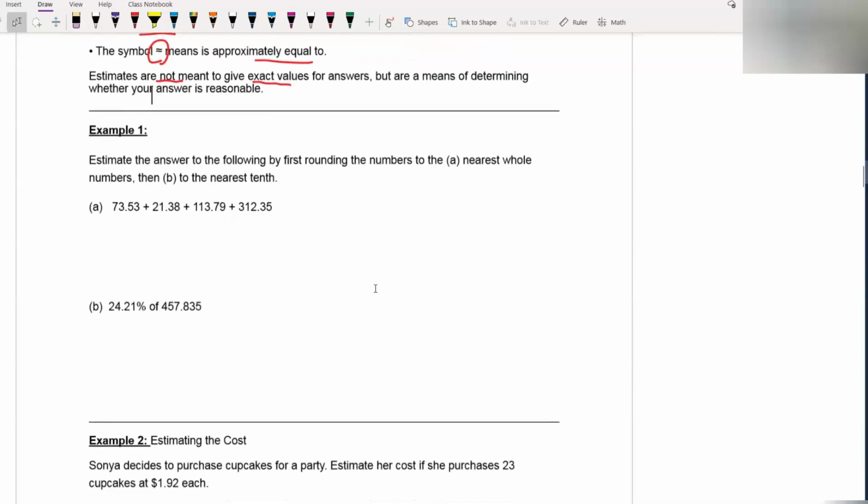Example number 1: estimate the answer by first rounding the numbers to the nearest whole. Part A is asking to round to the nearest whole, and part B to the nearest tenth. I'm writing this one using the first part.